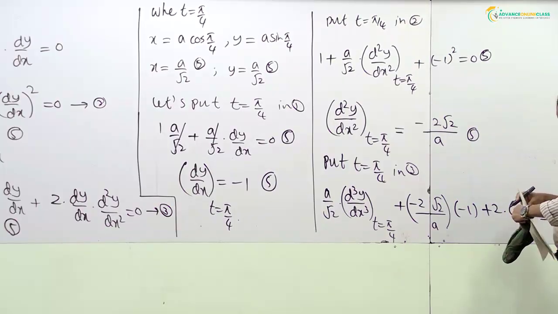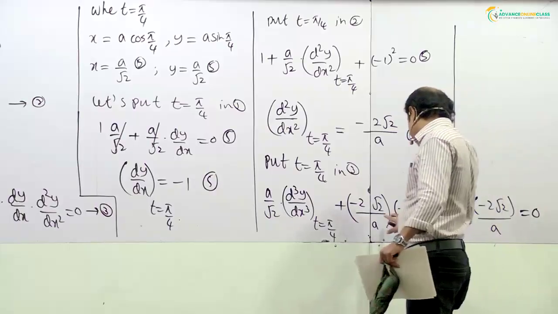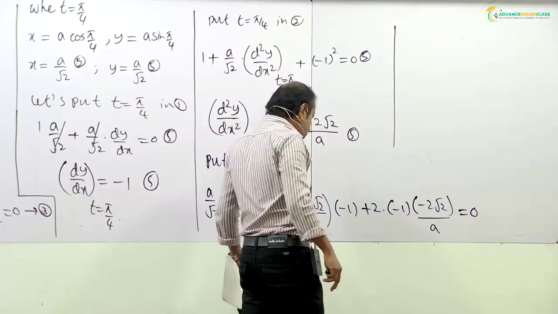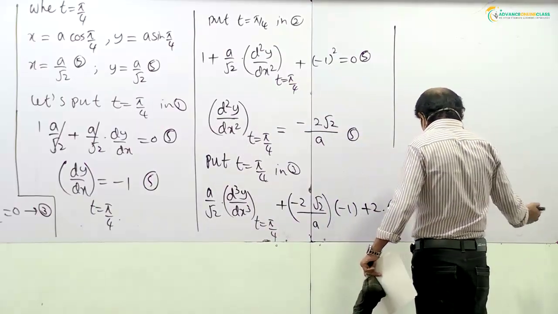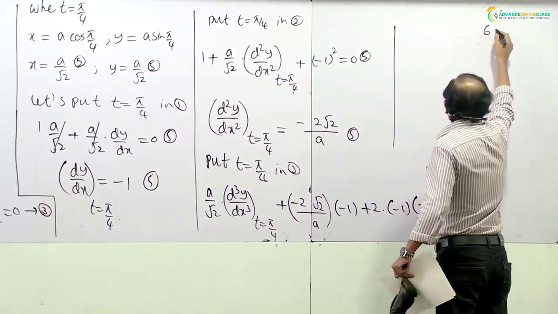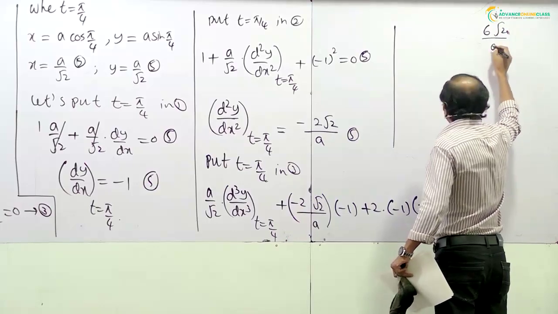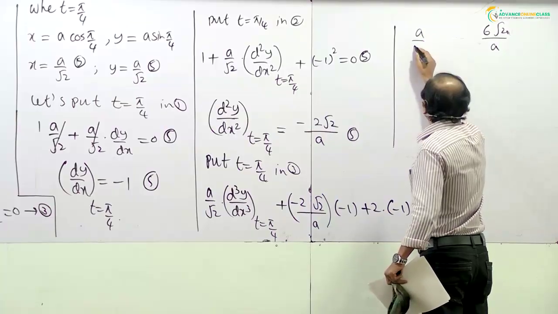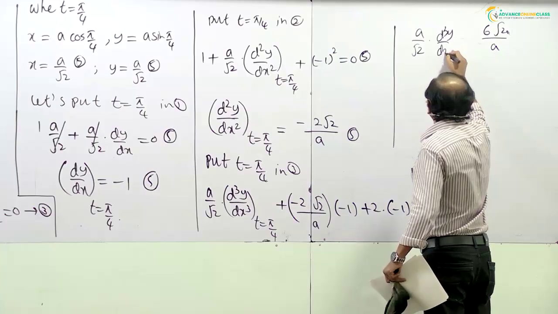Then here we get the answers. 2 root 2 over a. Here 4 root 2 over a. 6 root 2 over a. Take right hand side, plus 6 root 2 over a. Left hand side we have a over root 2 times third derivative.